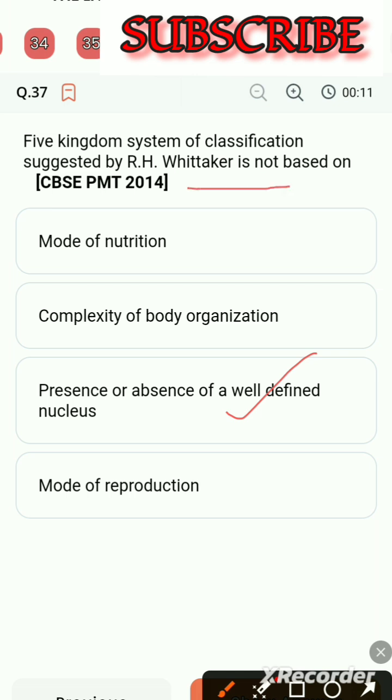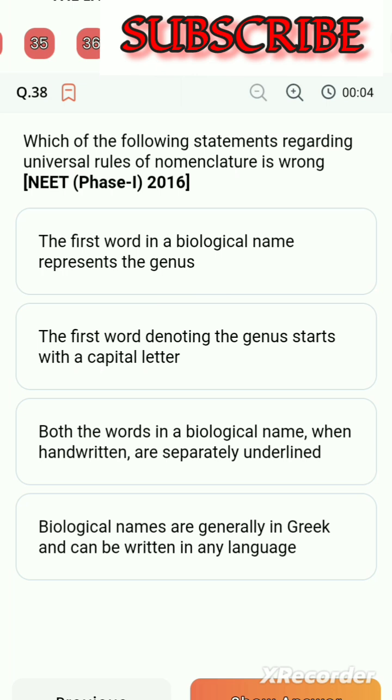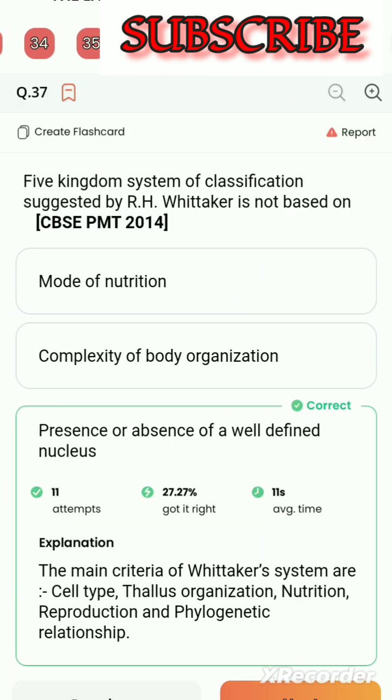The 5 kingdom classification suggested by R.H. Whittaker is not based on the presence or absence of a well-defined nucleus. The main criteria he used are cell type, and in the case of plants thallus organization, then the mode of nutrition, reproduction and phylogenetic relationship.